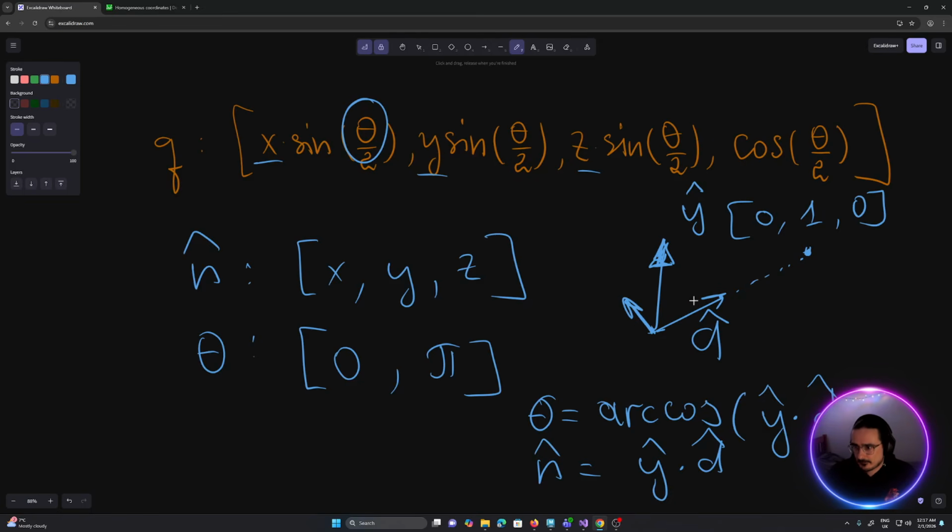And if we have this vector from the other side, so d would look somewhere into this direction, then our cross product would give us this axis, which is perpendicular to this plane.